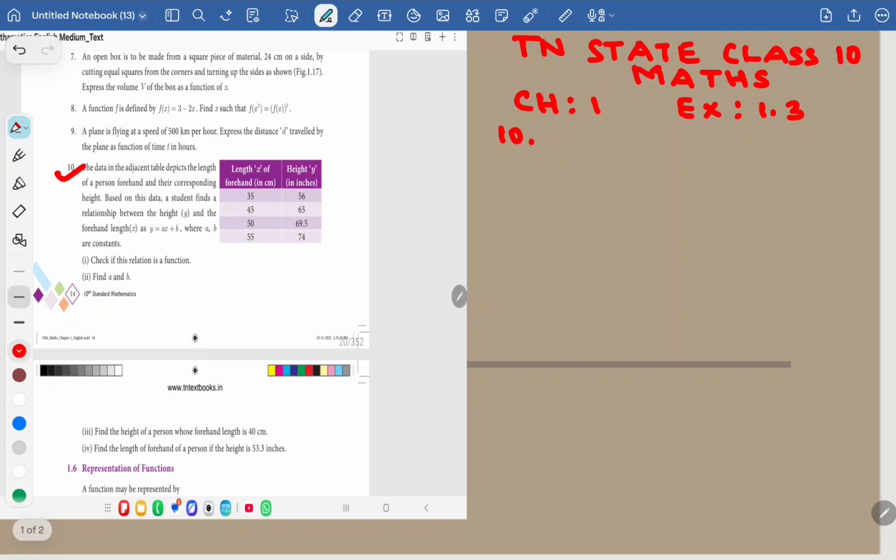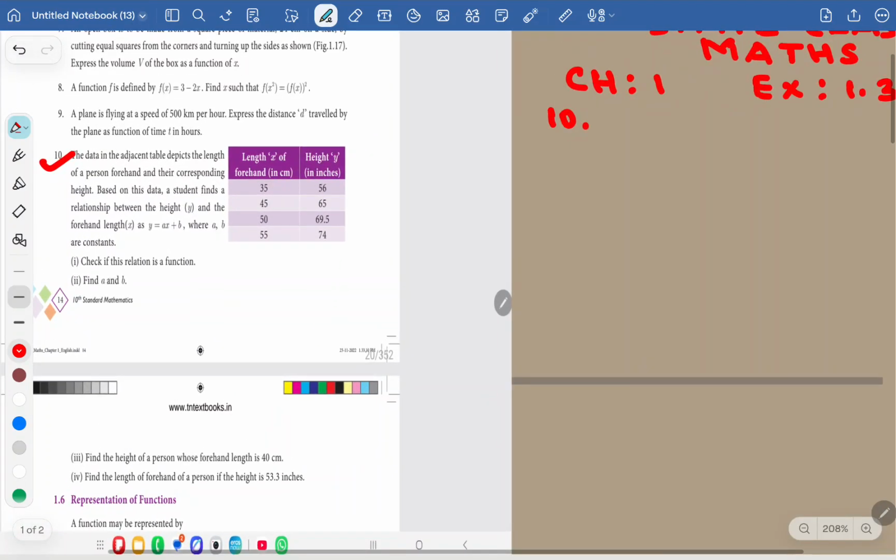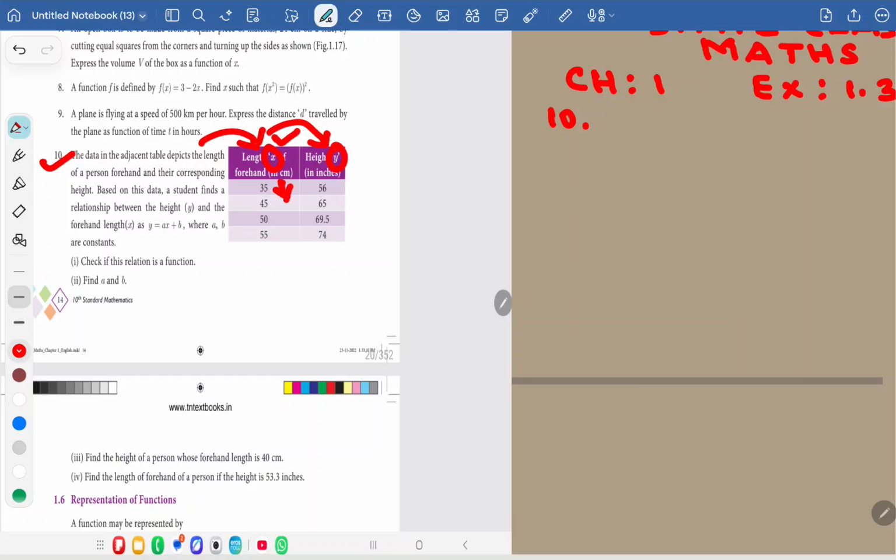Problem 10 says that the data in the adjacent table depicts the length of a person's forearm, represented by small x, and the corresponding height, represented by small y. x is measured in centimeters, y in inches.